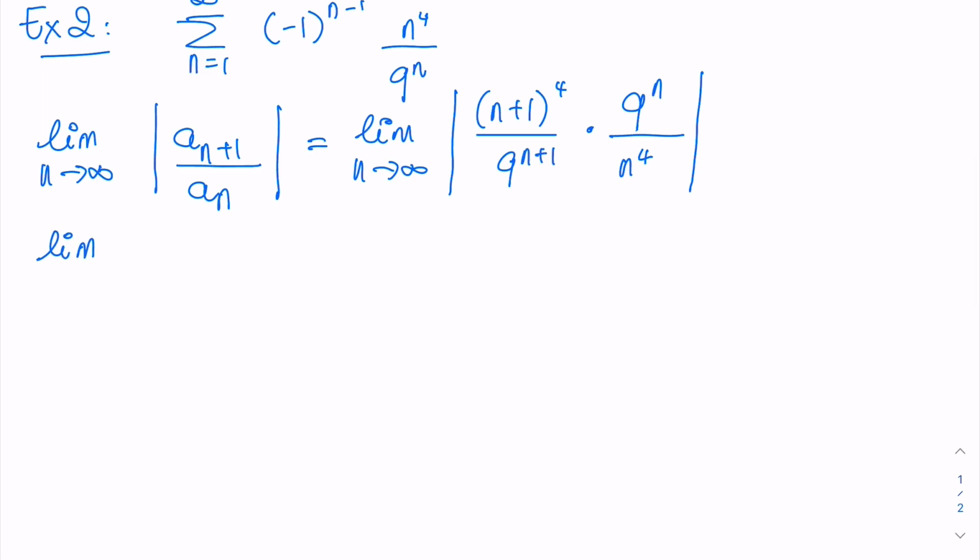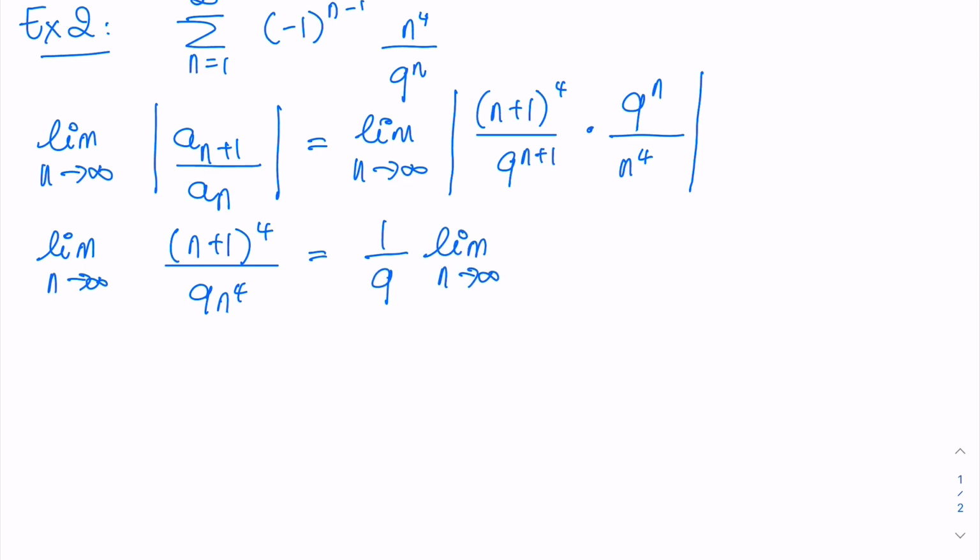So now we need to simplify it. What I have is n plus 1 to the 4th power over 9 n to the 4th power. I'm going to take out 1 over 9, and take the limit of 1 plus 1 over n to the 4th power.